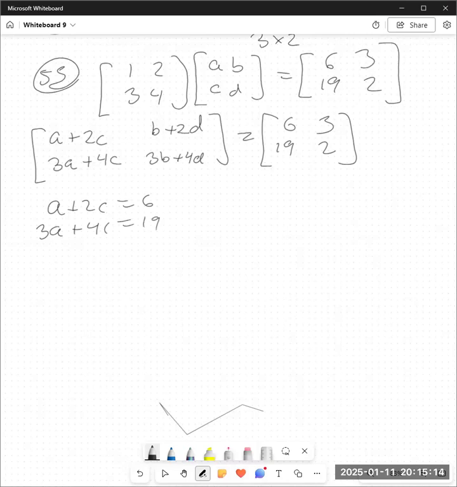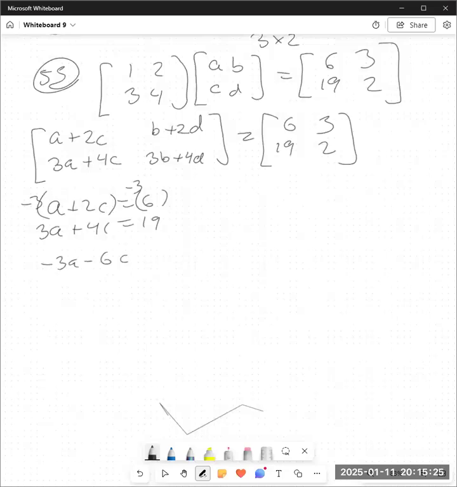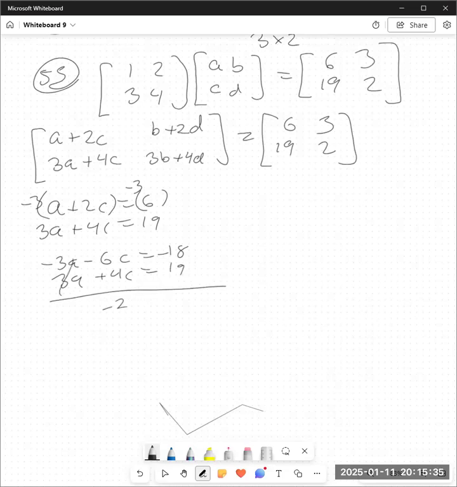And I should be able to solve those. I'm going to multiply the top equation by -3. -3A minus 6C equals -18. 3A plus 4C equals 19. So -2C equals 1 and C equals -1/2. If C is -1/2, then A plus 2 times -1/2 is equal to 6. A minus 1 equals 6 and A equals 7.